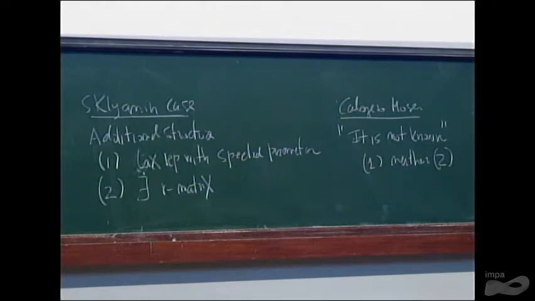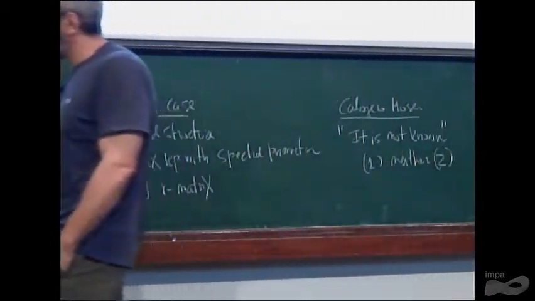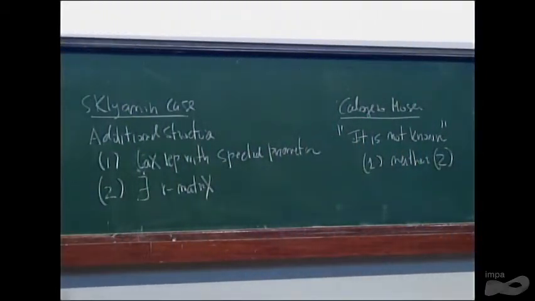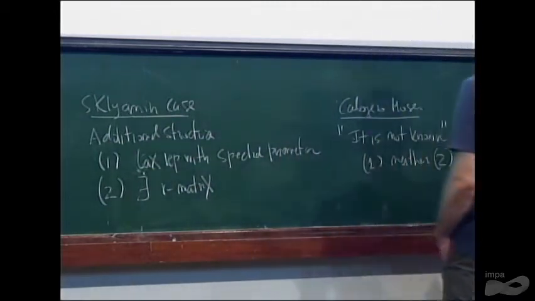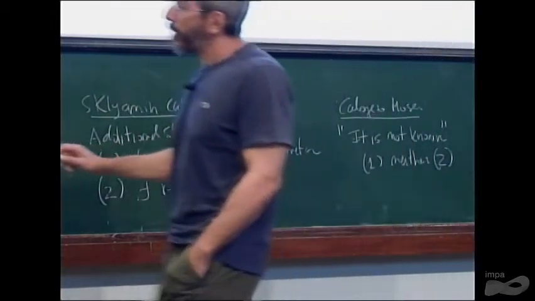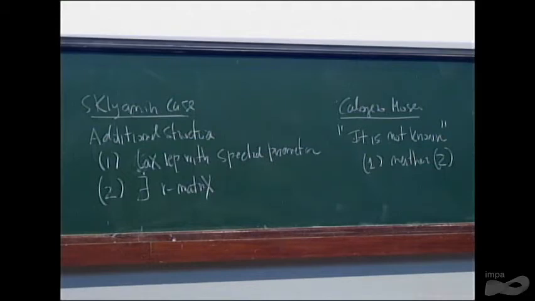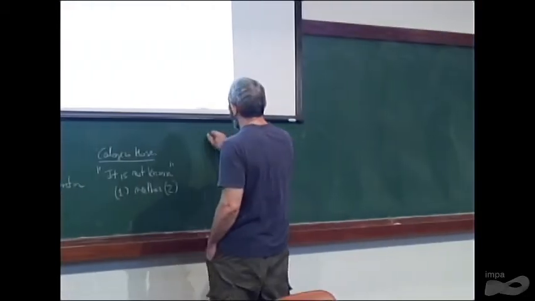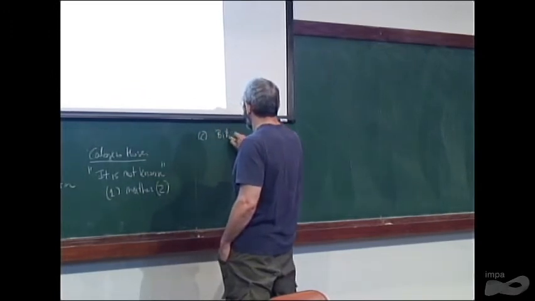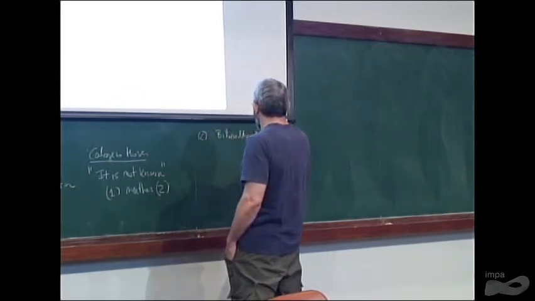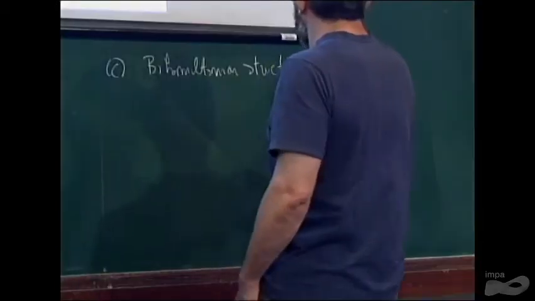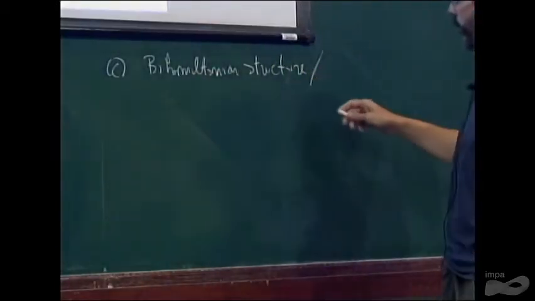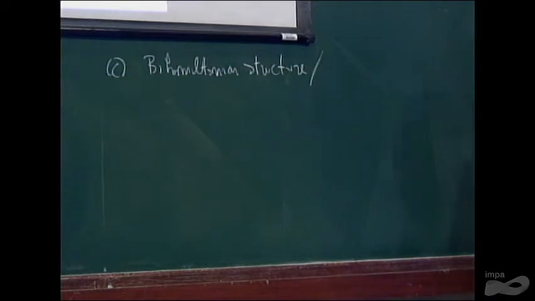So to solve, let's say, the problem in the case of Calogero-Moser, we need a different kind of strategy. And the strategy is given by the existence of a Bi-Hamiltonian structure on the phase space.